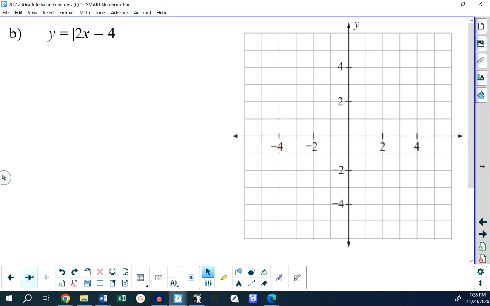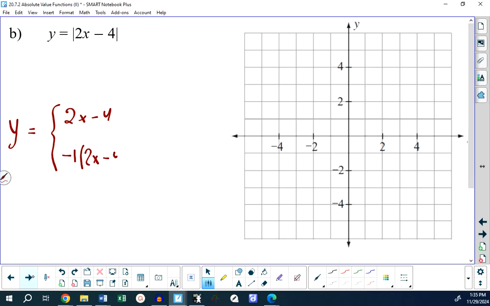y equals the absolute value of 2x minus 4. So, I'm going to try to approach this now in a more general sense. There will be a piece of this function that is y equals 2x minus 4, and there will be a piece of this function that is negative 1 times 2x minus 4.